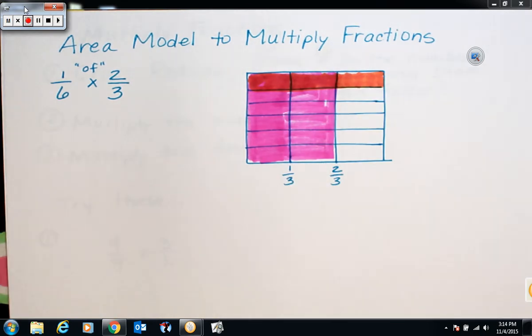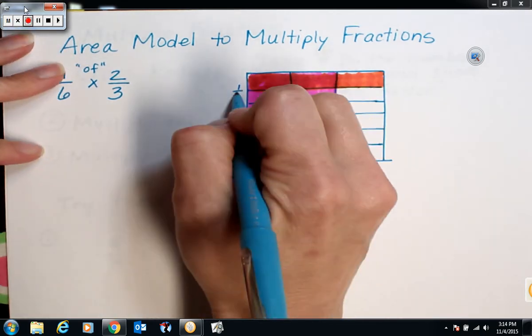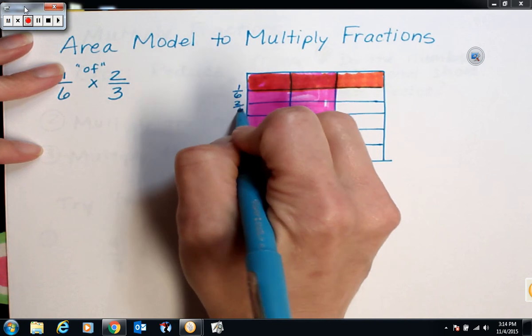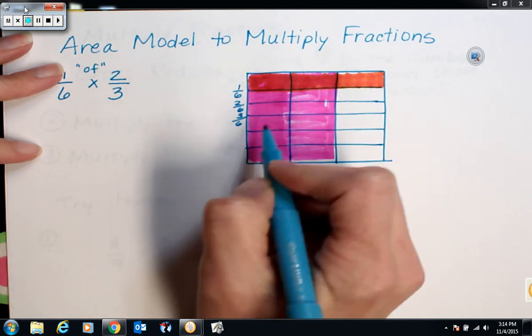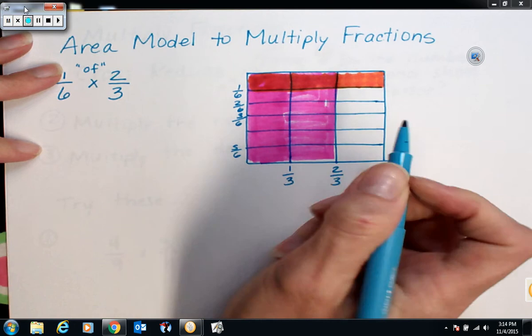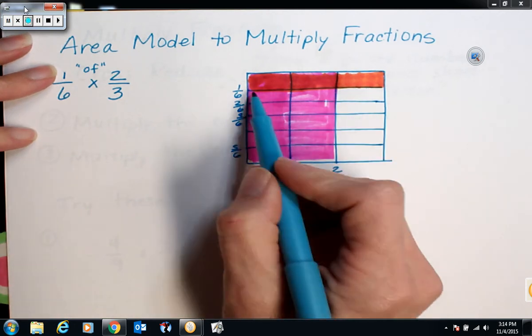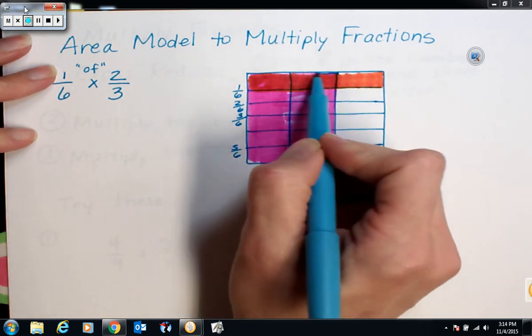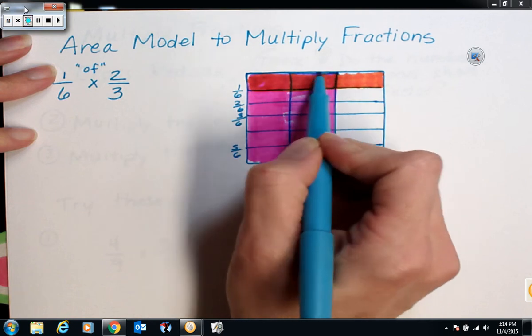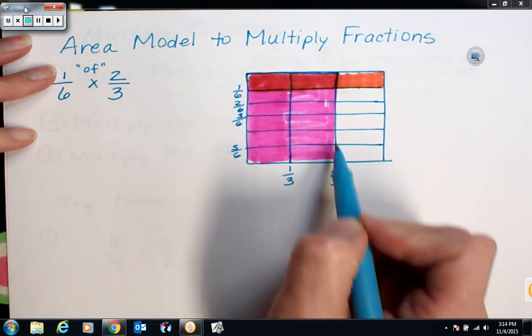And so then here I can go ahead and label my 6, 1/6, 2/6, 3/6, and it gets a little squished. There's 5/6. So this is 1/6. This double shaded portion is 1/6 of 2/3 of the whole.